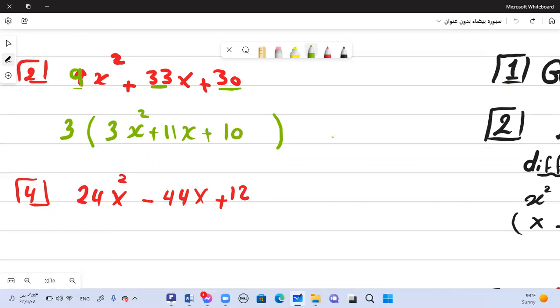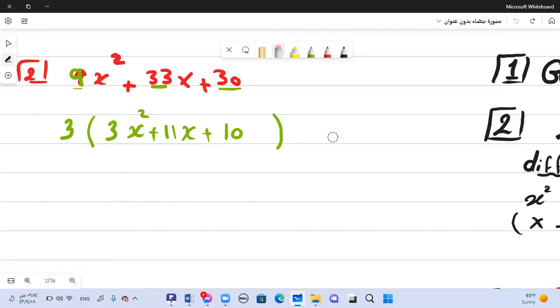Finished? No. Look at the expression inside the bracket. This expression inside the bracket is a quadratic. So how can you solve it again? By using factorization.